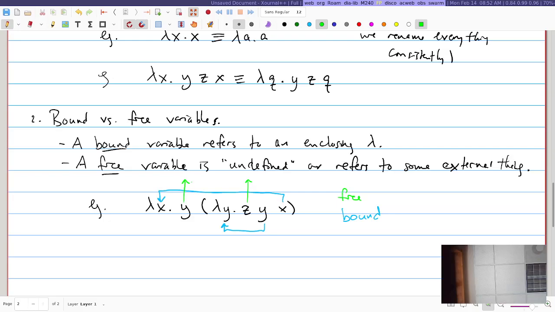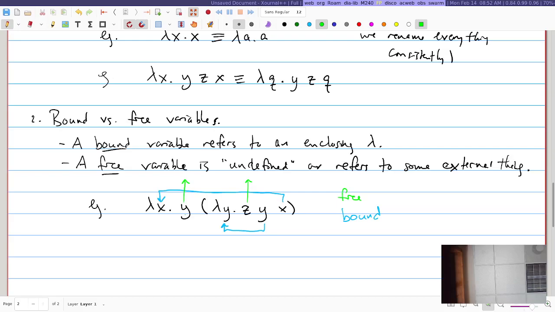Okay, does that make sense? So one way you can think of it is going through from the outside to the inside. Every time you see a lambda, you remember that when I'm inside this, I now have another variable that's defined. So now that I'm inside this lambda x, I know that x is defined. And then I see a y, and is that in my set of things that are defined?